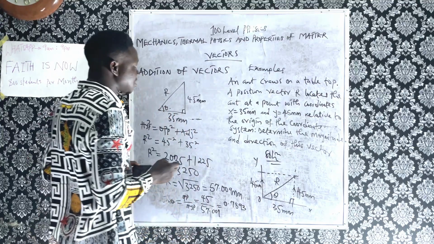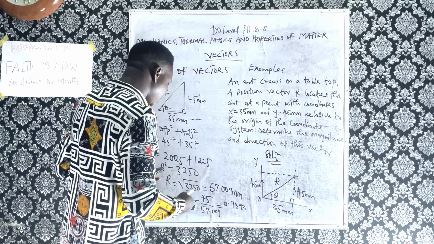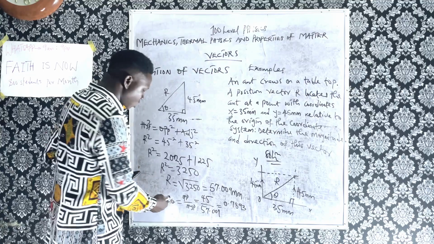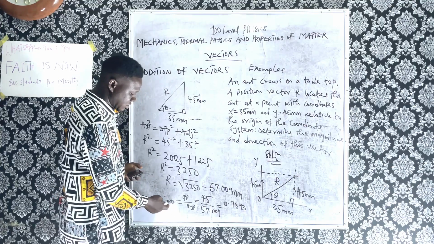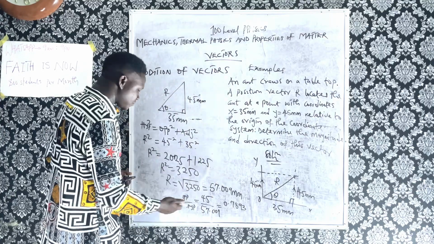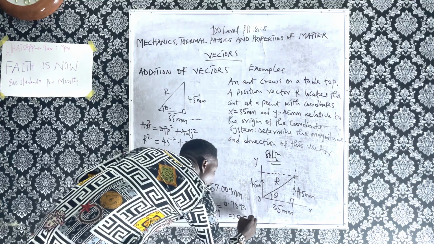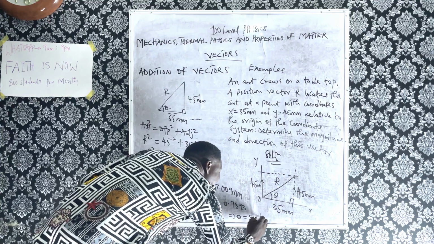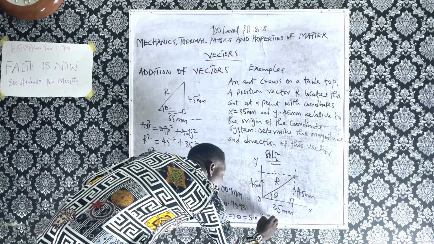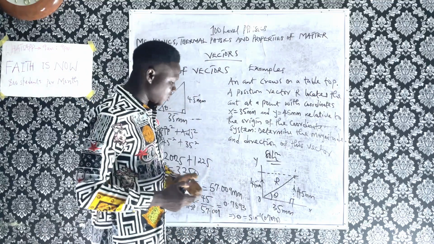Now for me to get the final answer, I'll take the sine to this side, so it becomes an inverse. So theta becomes sine inverse 0.7893.